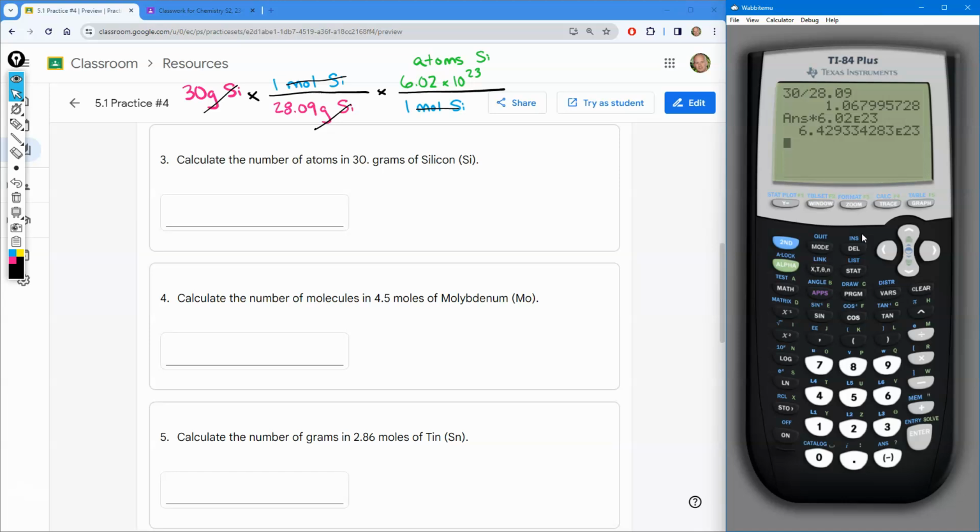Okay, now we are going to round this to 2 significant figures because we have a decimal. So on our calculator, 2 significant figures would be 6.4 times 10 to the 23rd.